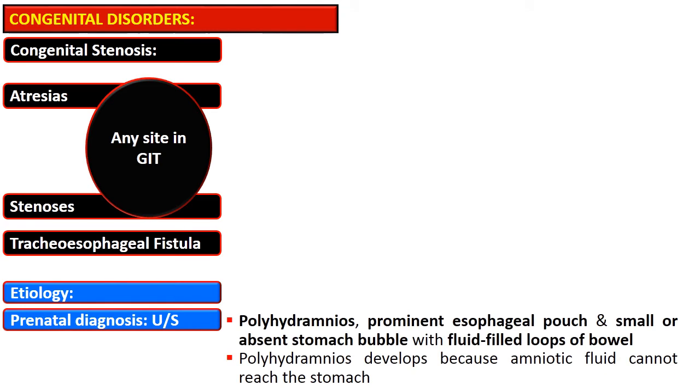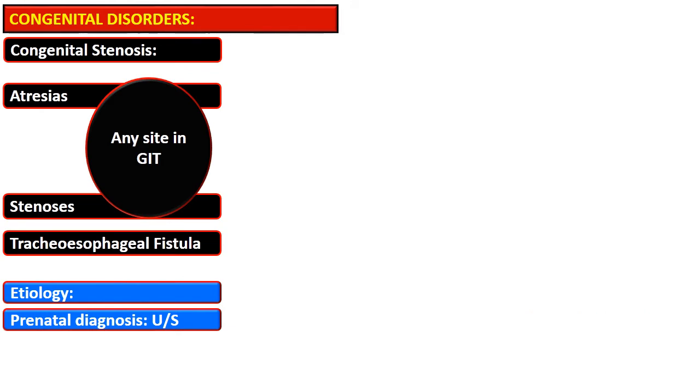It can be diagnosed through ultrasound prenatally, and it presents with polyhydramnios, prominent esophageal pouch, and a small or absent stomach bubble with fluid-filled loops of the bowel. Polyhydramnios is developed because the amniotic fluid cannot reach the stomach.